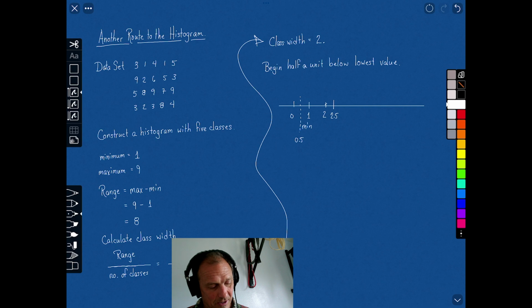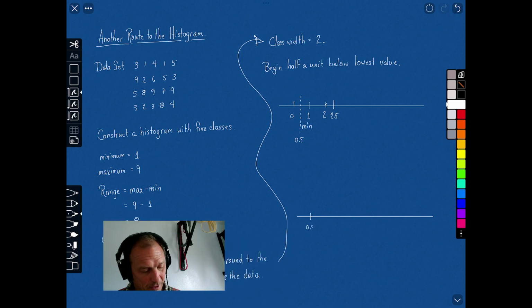So now our actual picture would go 0.5 to 2.5, 4.5, because now we're just going up every 2 units, 6.5, 8.5, 10.5. These are my class boundaries.